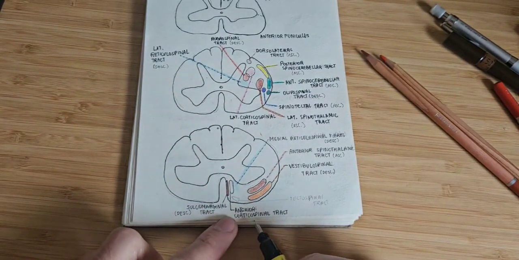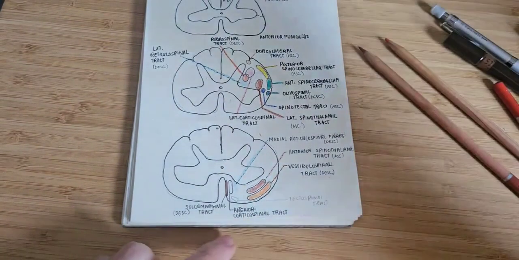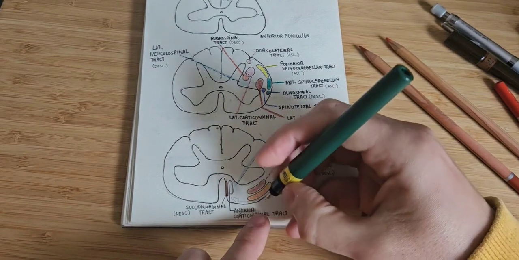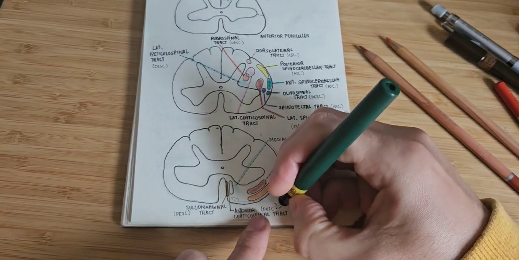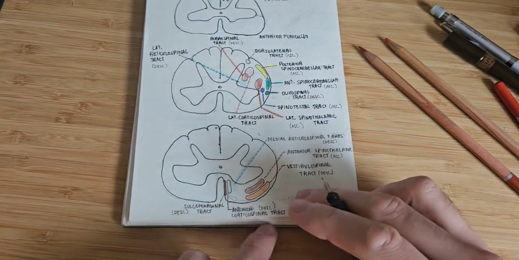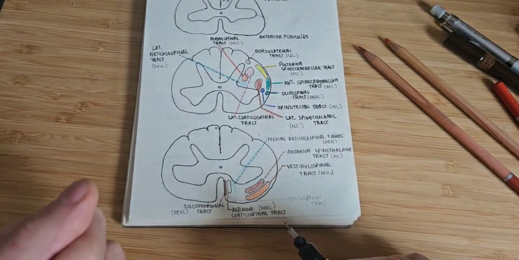Okay, this is the anterior corticospinal tract. This one is also descending and originates from the primary motor cortex in the brain.